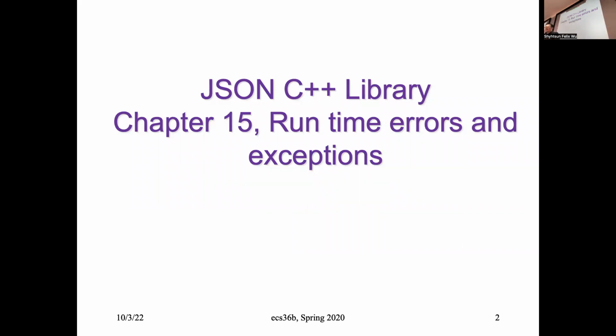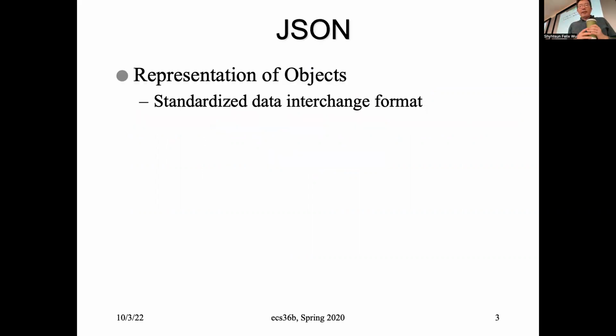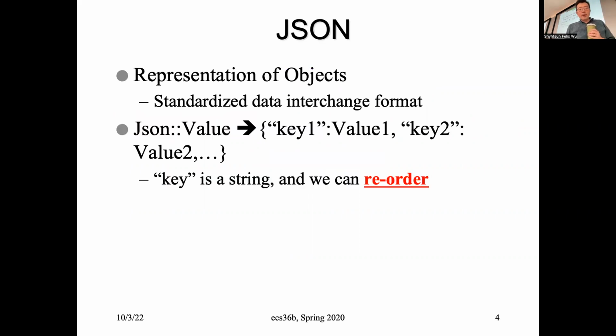It's a library that you can use. It's not really part of the language, but you leverage a lot of nice language features to accomplish it. JSON is really a way of representing objects, and the representation of an object is very critical.